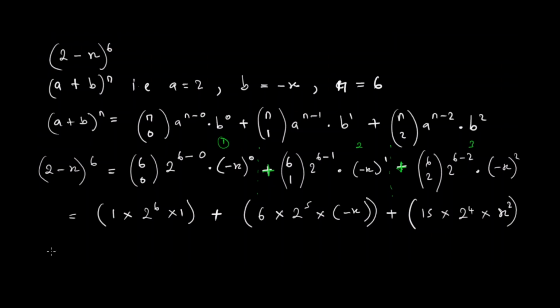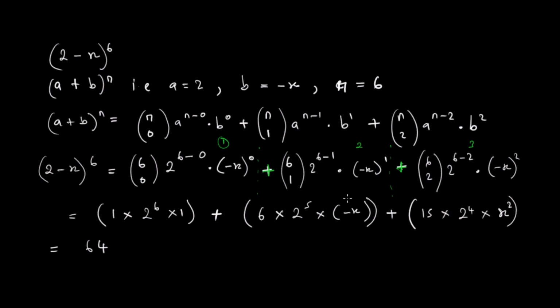So solving it, we are left with 2 to the 6, which we can easily compute here. We see it is 64. So from this bracket we get 64 plus, what about from that bracket? There's no need for a plus since we can see that eventually it becomes a negative.